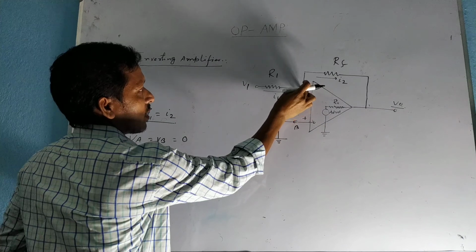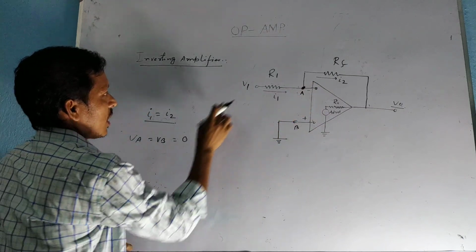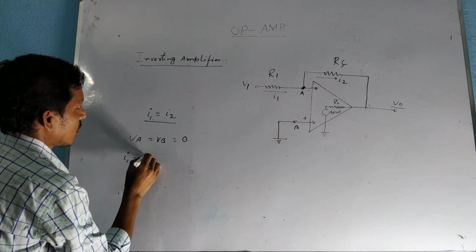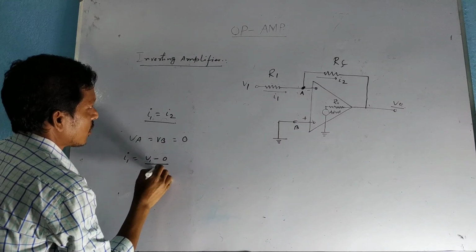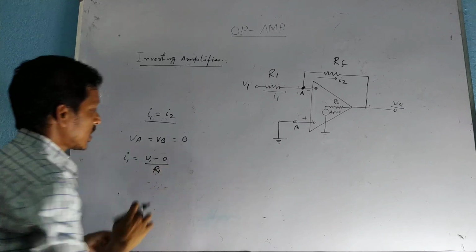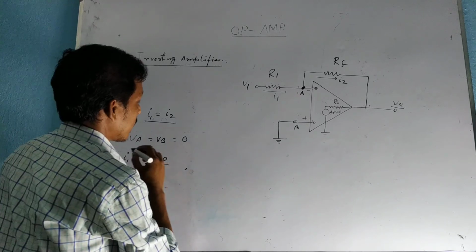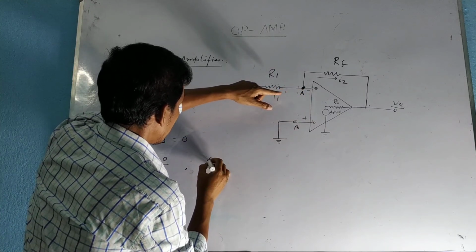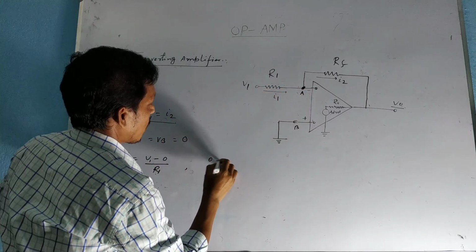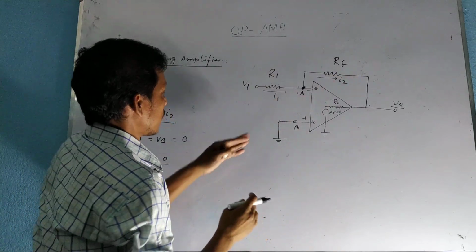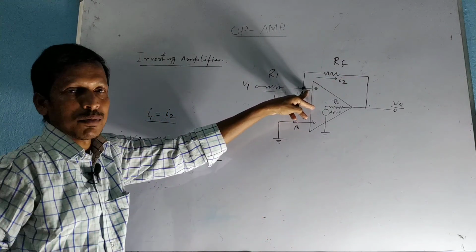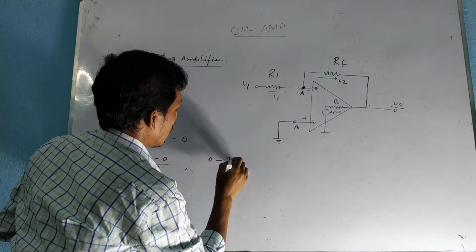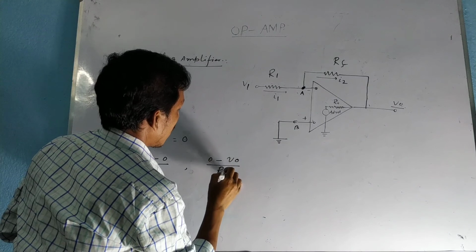So the potential at A is 0 and here it is V1, so the current I1 is equal to V1 minus 0 over the input resistance R1. This is I1. And here the potential is 0 minus V0, since the current is flowing in that direction, so point A remains at a higher potential than this point, so 0 minus V0 by RF.